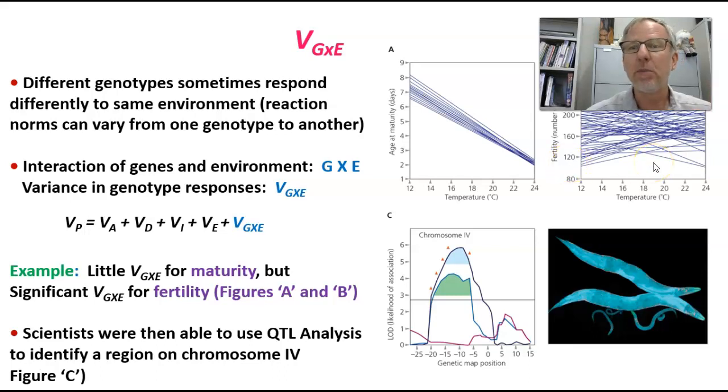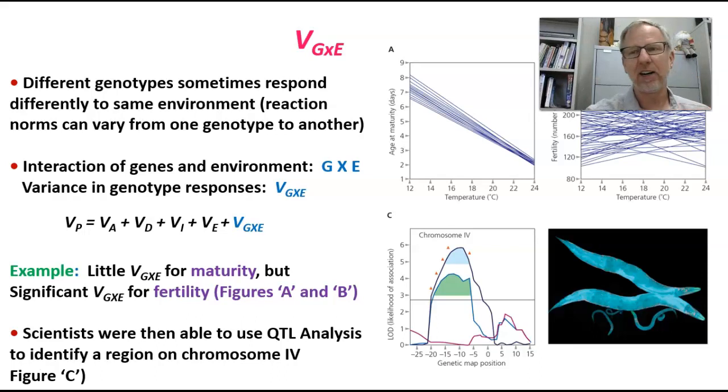However, if you look at figure B, which is fertility, the number of offspring, number of eggs specifically, then when worms were exposed to the same range of temperatures, but then their fertility was examined, you can see that there's lines crisscrossing all over the place.